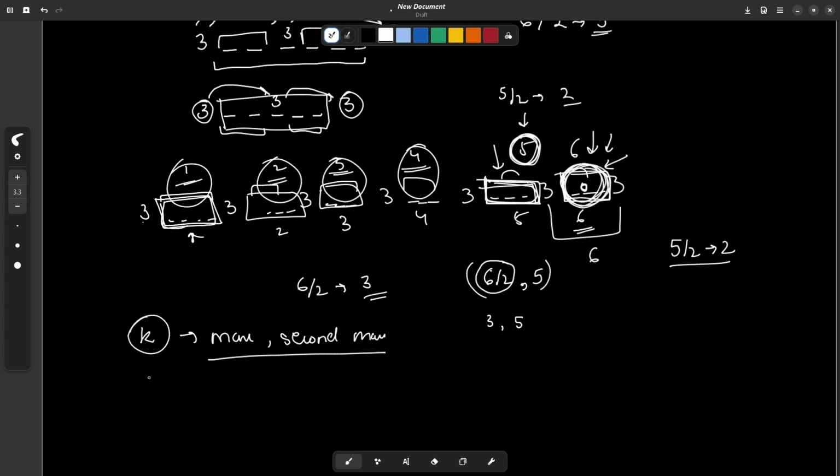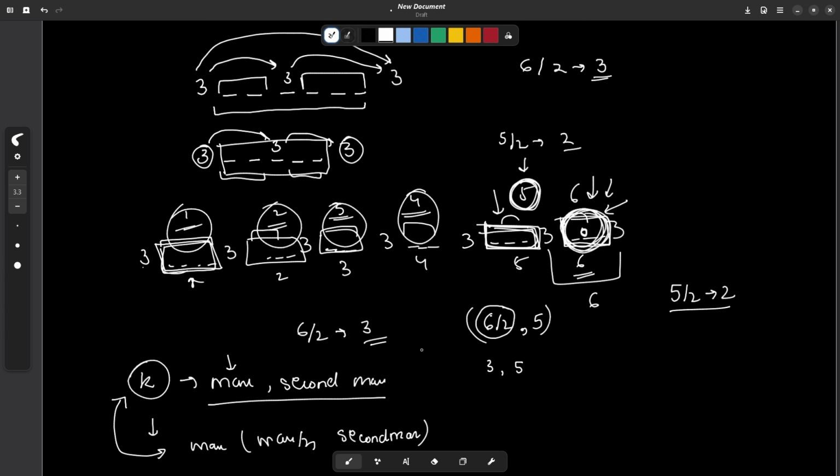So what will be the answer for my k? It will be the maximum of max value, which comes from here, max by 2, comma second max, right? So the maximum of these two values will be my answer if I try to jump through the stones of color k, right? So I can do this for all the colors, I can take the minimum of all the answers. So this was the solution to the second problem.